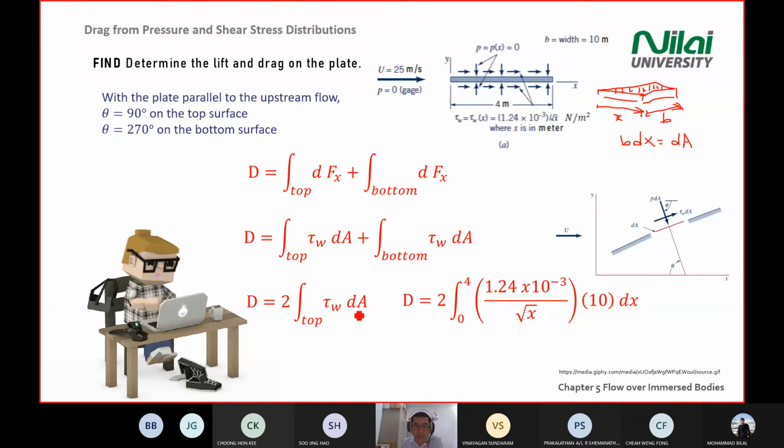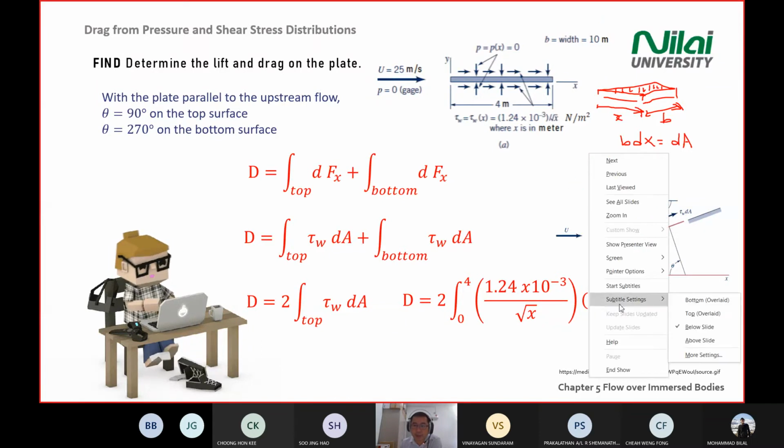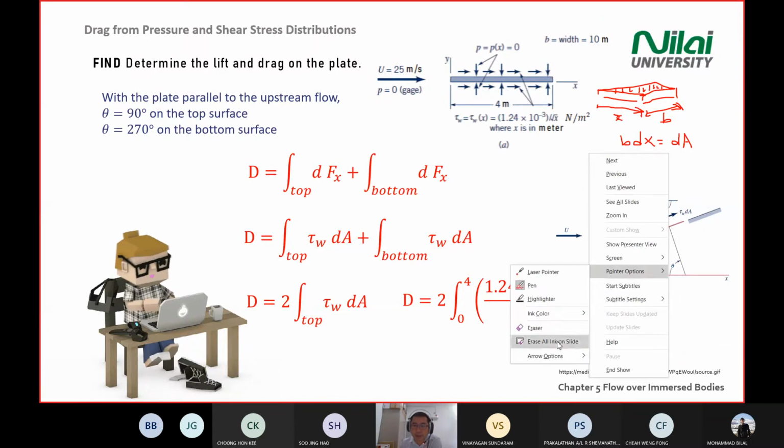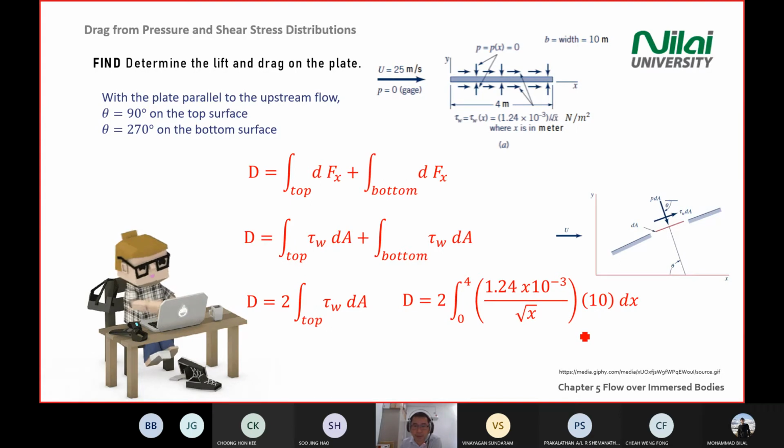So you change your dA into 10 times dx because the width is given. Then you do the integration steps, the mathematics.